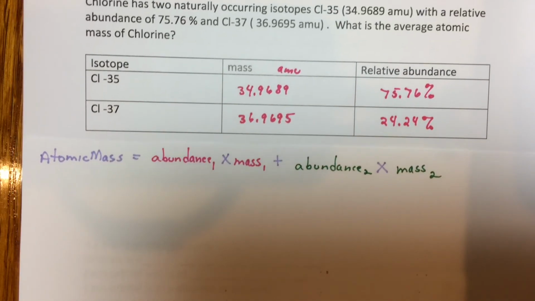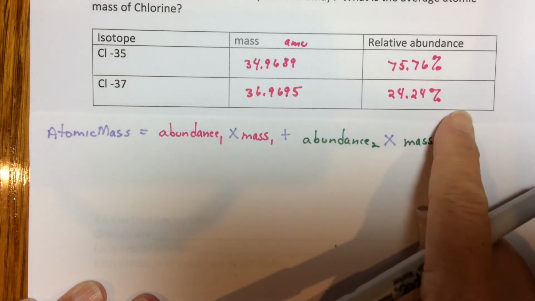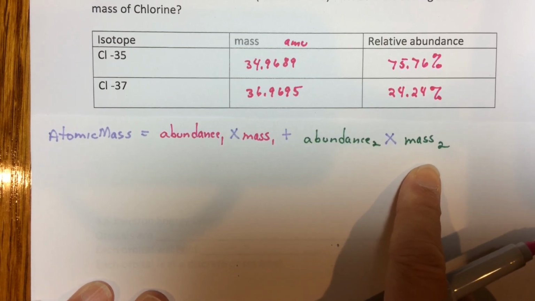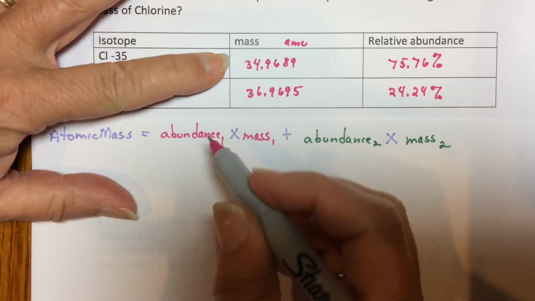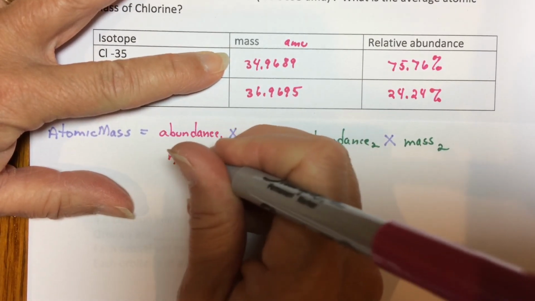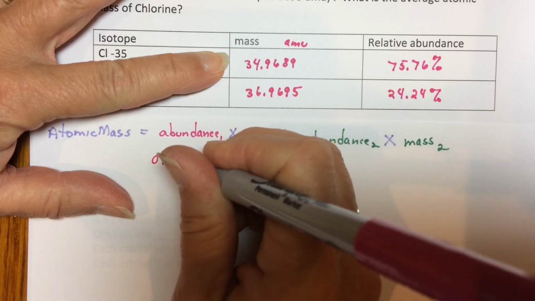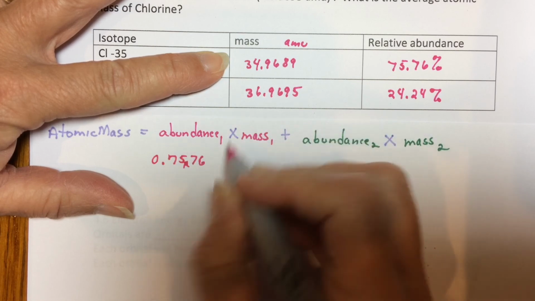So since we've got our table done, we can now just fill in our answers. The abundance of our first one is 0.7576.